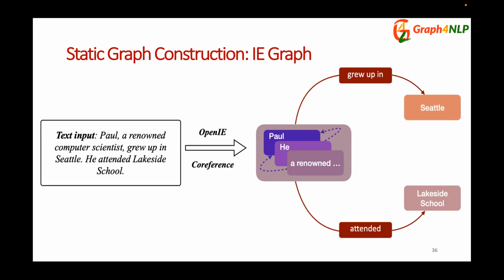Coreference resolution is usually conducted here to group entities which refer to the same concept into a single node. Like here, we have Paul, he, a renowned computer scientist. These three entity mentions actually refer to the same concept, so we can group those entity mention nodes into a single node.